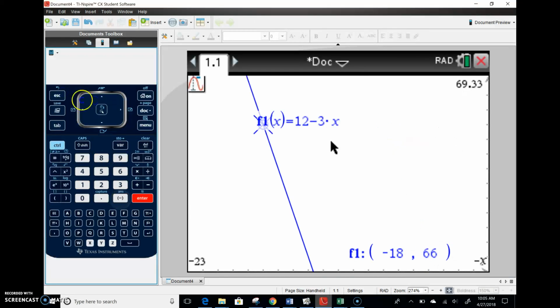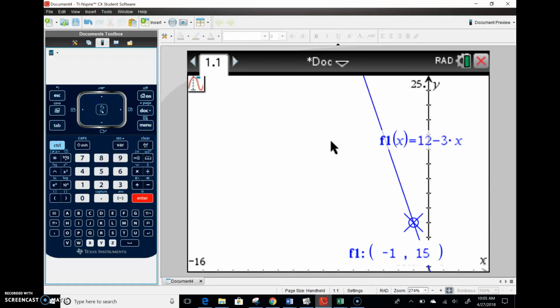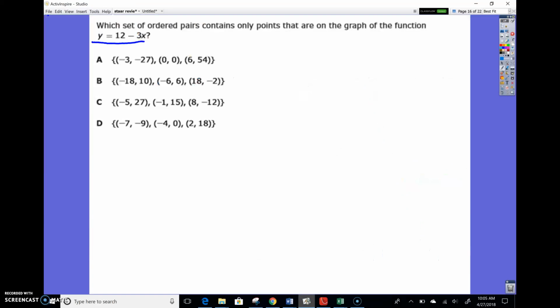B is wrong. -5, enter. 27 looks good. -1, enter. 15 looks good. 8, enter. -12 looks good. Okay, so C looks good.